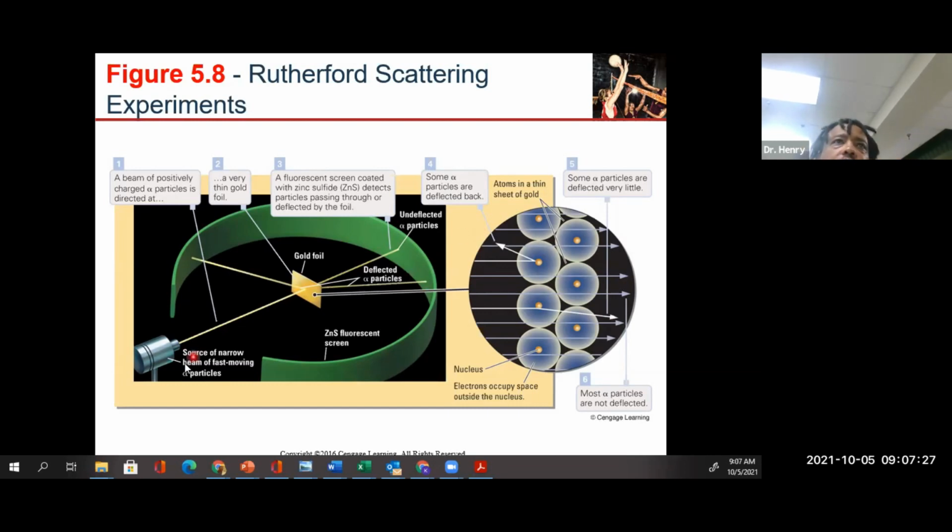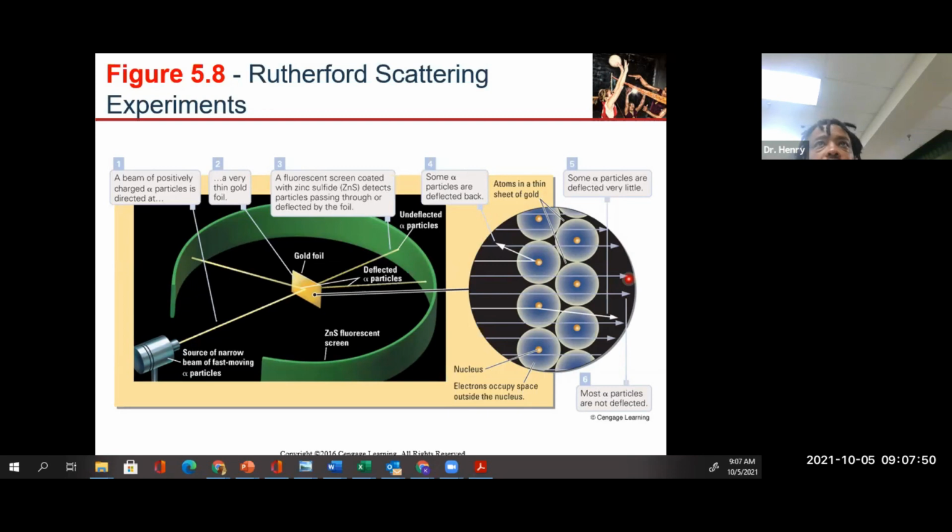And if it was able to pass by the negative charge, it would go through, because the beam is going fast enough. The negative charge would just slow down the beam, but it would be able to get through. And so you had things that were able to go through and things that were deflecting.